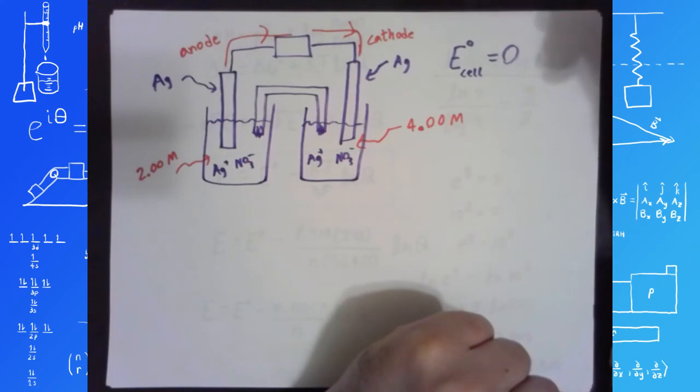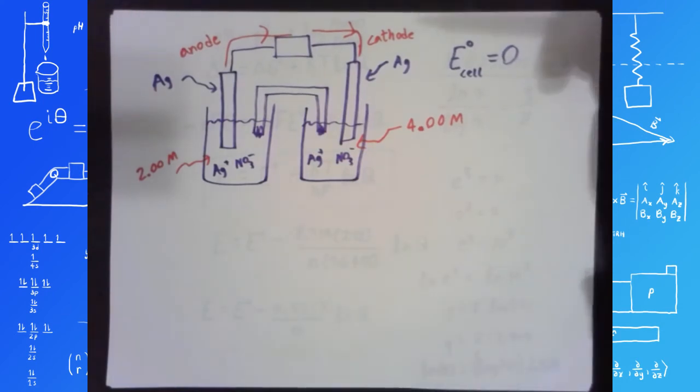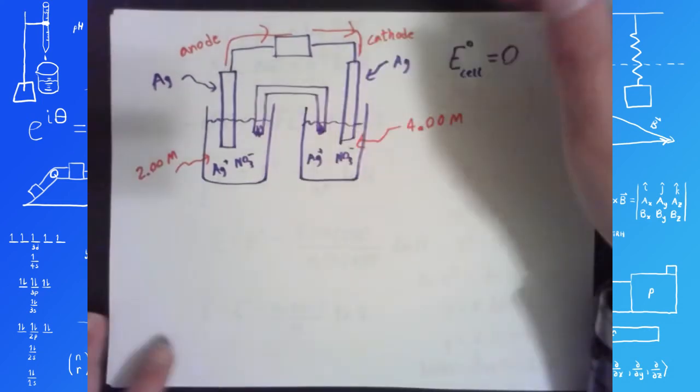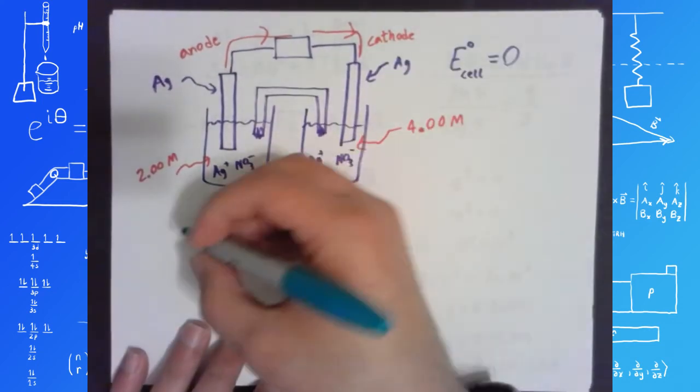Where was I going with this? So at the cathode, we've got a reduction going on.